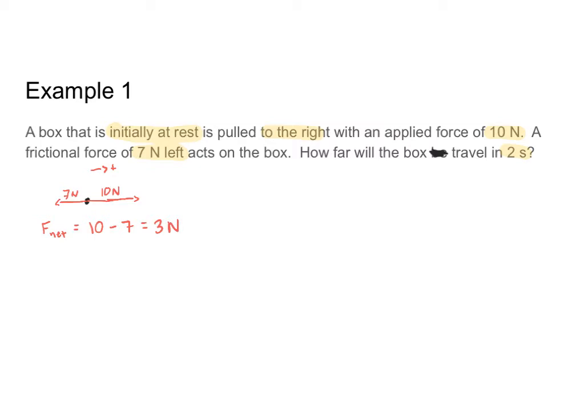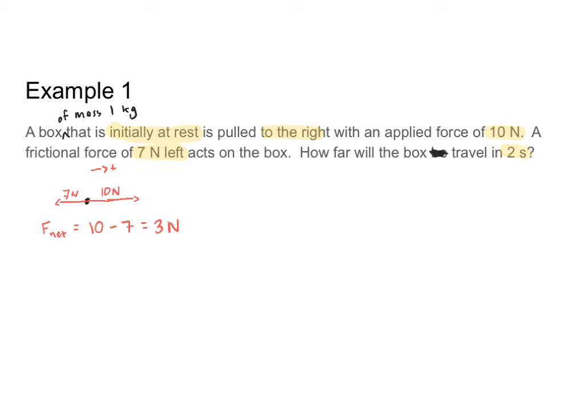And I realize now I forgot to give you a mass for the box. I'm going to go ahead and assume that my box has a mass of 1 kilogram. So my net force is 3 newtons, and I want to use that to figure out my acceleration.